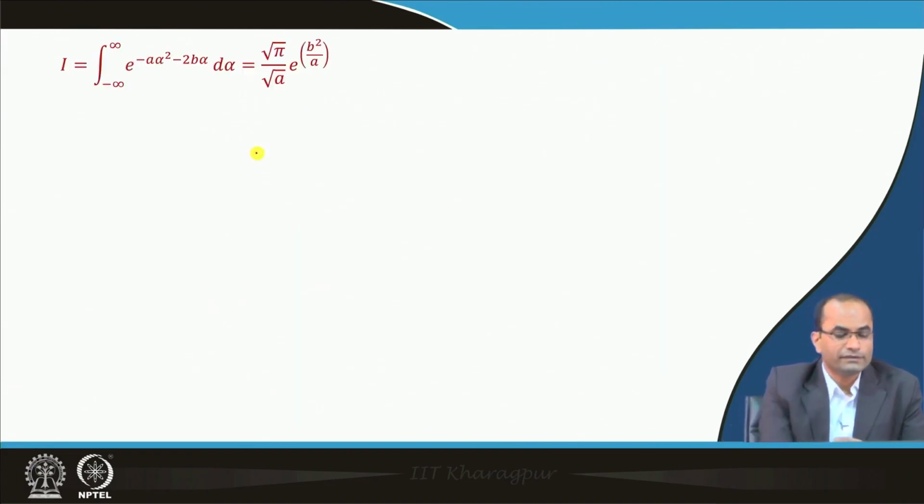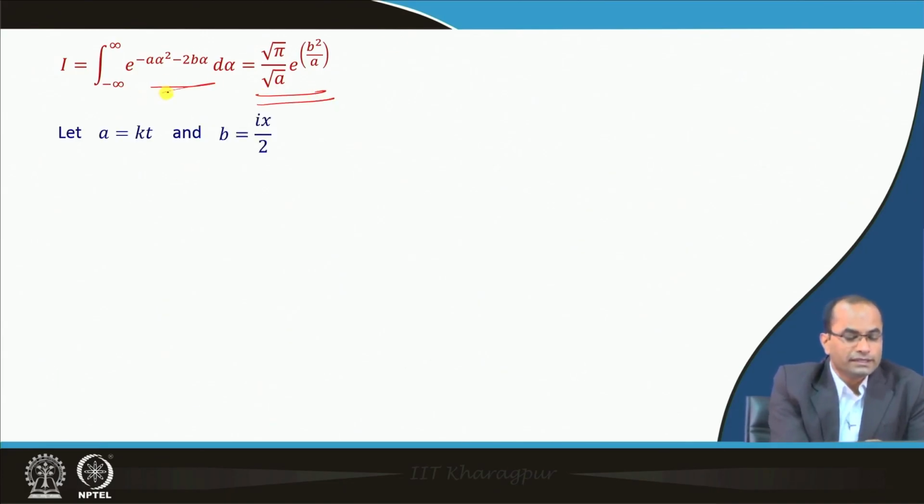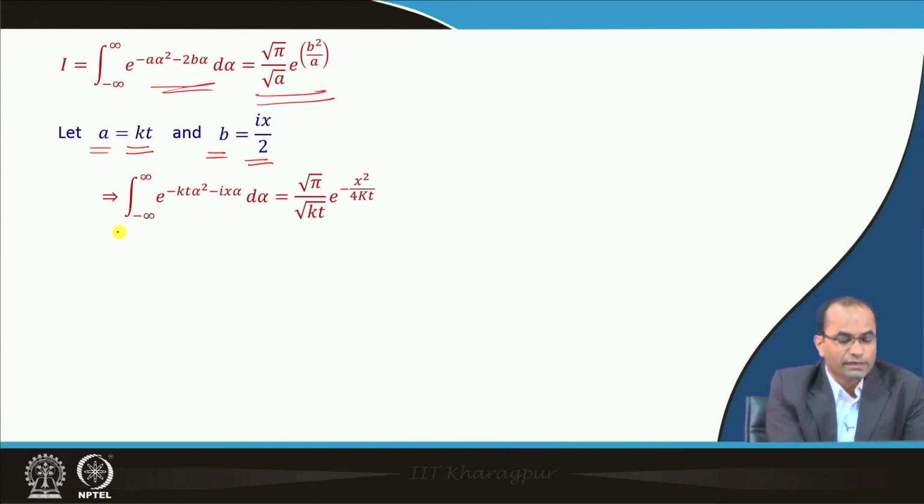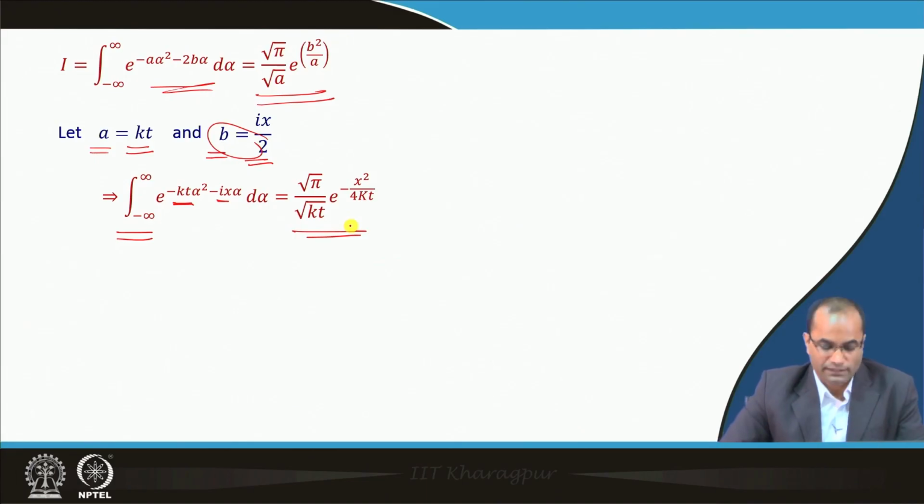Well, having this value of this integral, if we set here this a as k t and then b we take I x by 2, why we are taking this I will clarify in a minute. So, we have here minus infinity to plus infinity, a is k t. So, we have substituted k t, and 2 b is I x. So, that we have used there, and then similarly the right hand side also b and a are used.